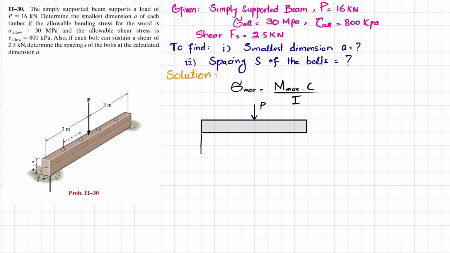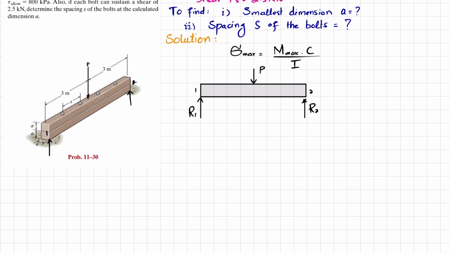Let this be R1, this is your point 1, and here the reaction is represented as R2, and this is point 2. We will find R1 and R2 by using equilibrium conditions. You can check here, this distance is 3 meter and this distance is also 3 meter.